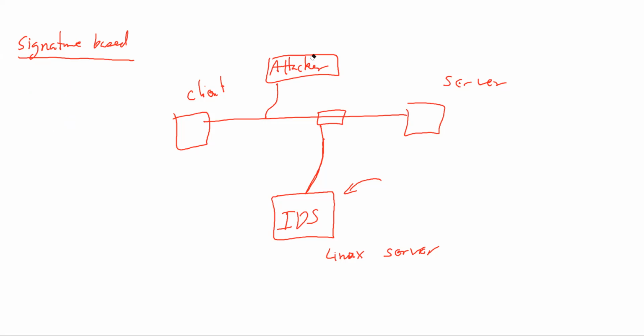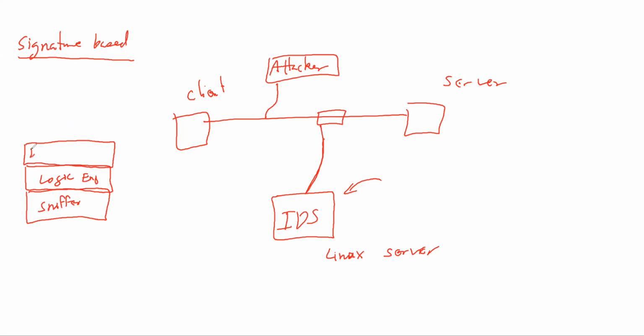If you think about it, it's more like this: there's the sniffer at the bottom, and at the top there's some kind of a logic engine that compares to some database of signatures. You see that? And on top of that, there's an additional element: if I detect something, what do I do with this? This is sometimes called the alert management.